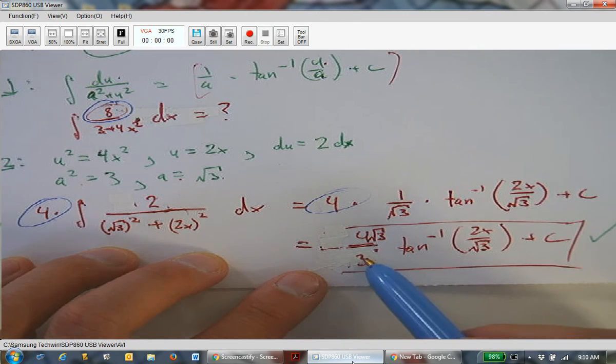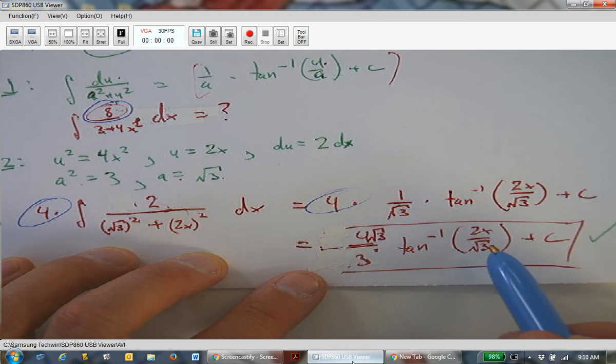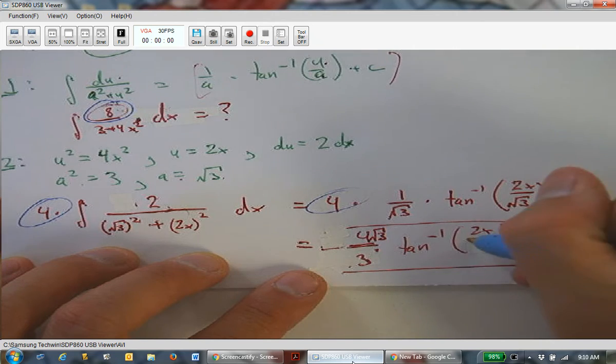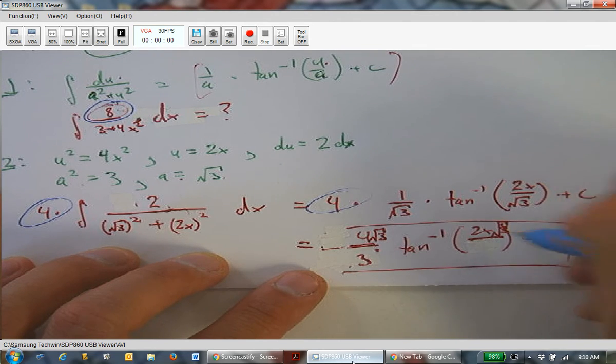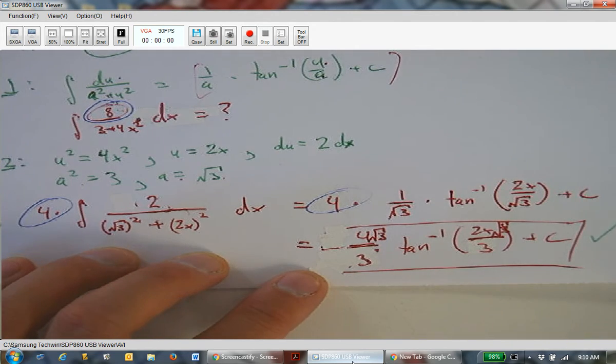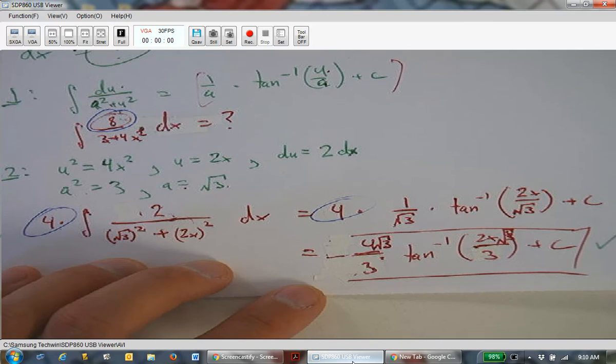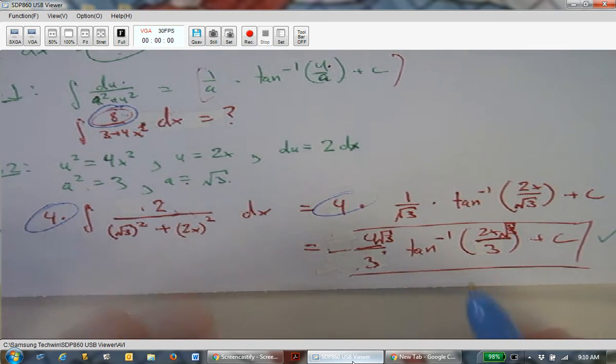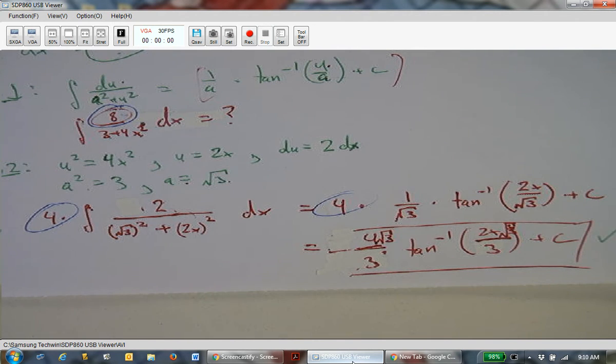It'll be 4 root 3 over 3. And then you have to do the same thing over here. You multiply the top and the bottom by square root of 3, making this a final answer of 2x root 3 over 3. There is a possibility for that. I just didn't want to do that because it adds even more confusion to what we had to do today. But in all honesty, that could be an answer. You might have a final answer with root 3 over 3.